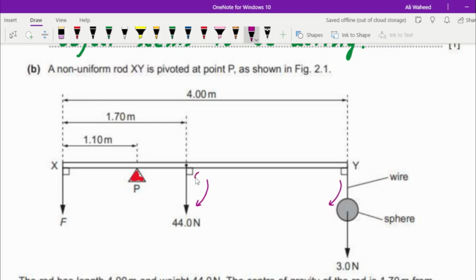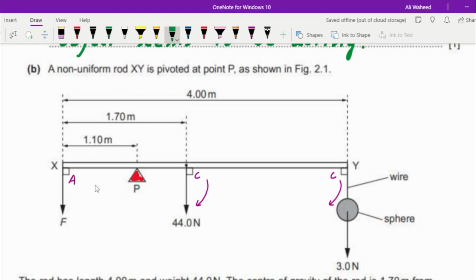I'm going to write C over here, C over here, and the force F would rotate it anti-clockwise. Now what is the principle of moments? Sum of clockwise moments equals the sum of anti-clockwise moments, then the object is in equilibrium.